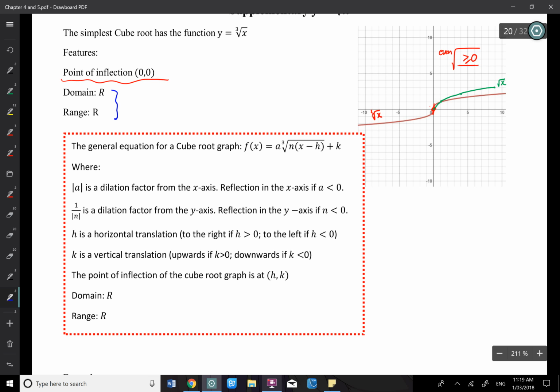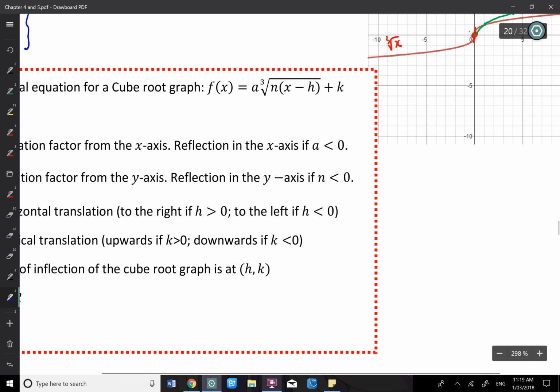There's no restriction for the domain, and no restriction for the range, unless the question says, for example, your x must be in between that. Unless the question restricts it itself. Otherwise, a natural cube root graph always has domain and range R and R. That's the cube root.